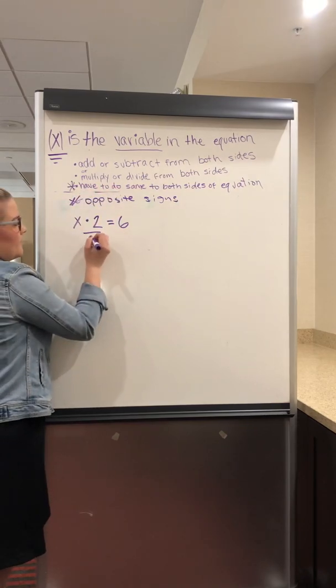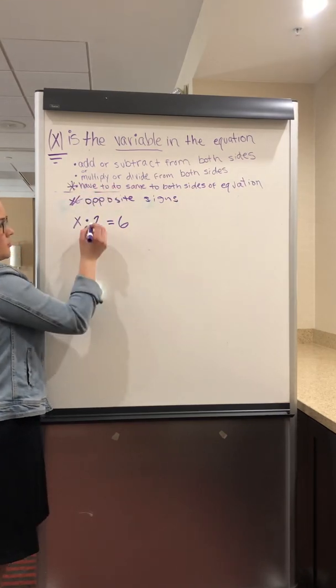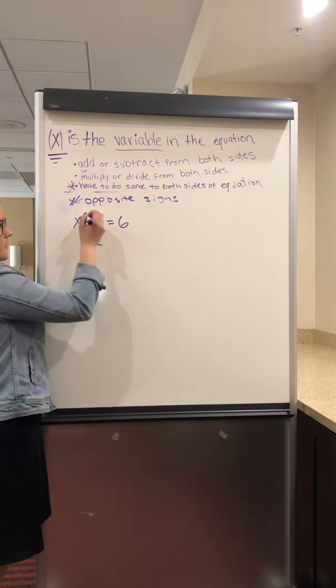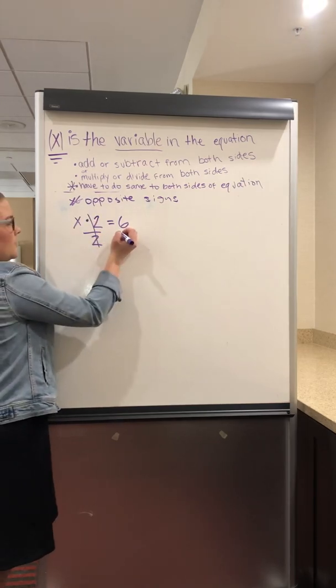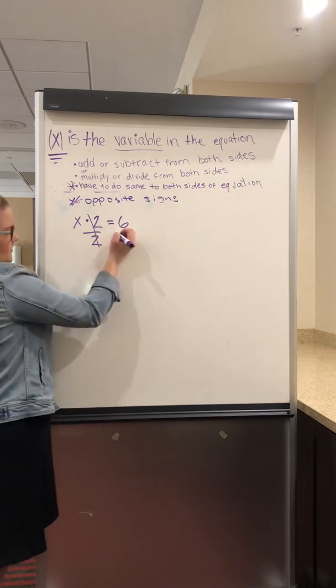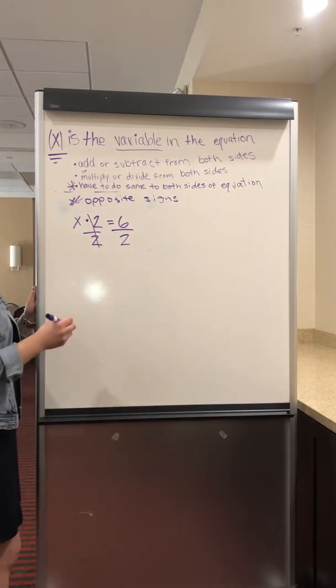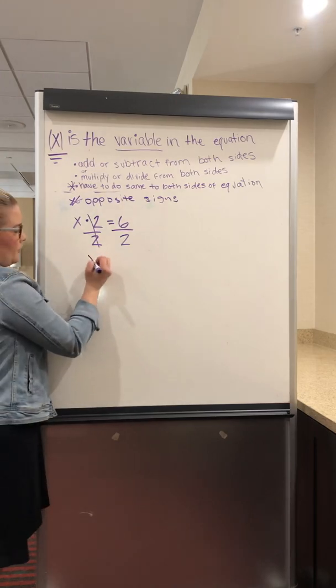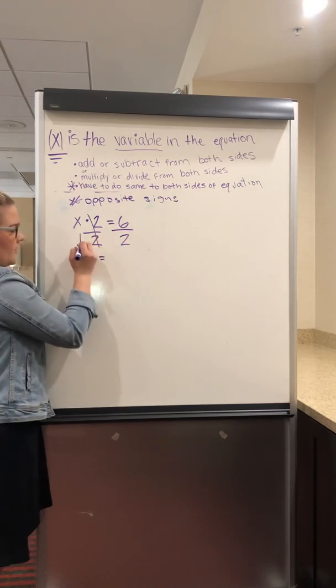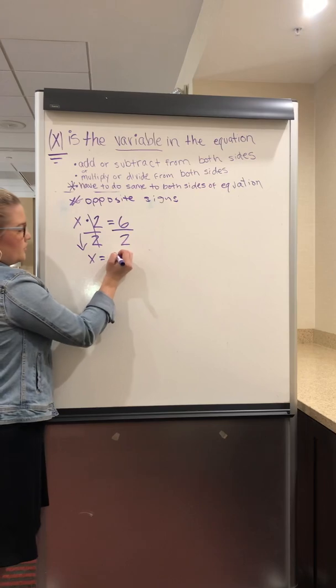So we're gonna divide by 2. 2 divided by 2, cancel, because it's 1. Divided by 2, 6 divided by 2 is 3. 3 goes into 6. We're gonna bring our variable down, x equals 3.